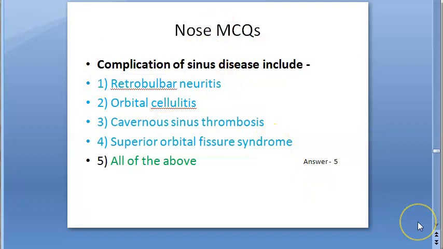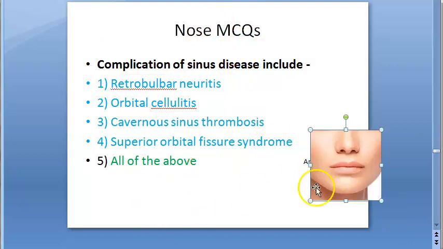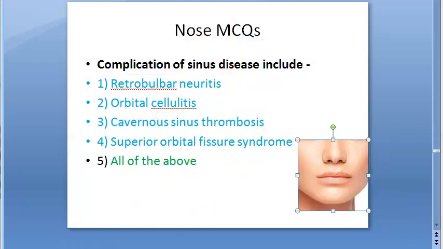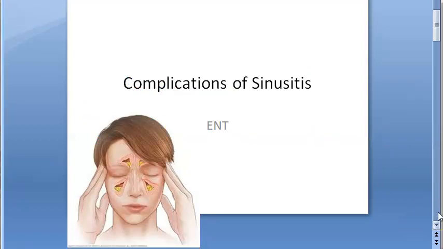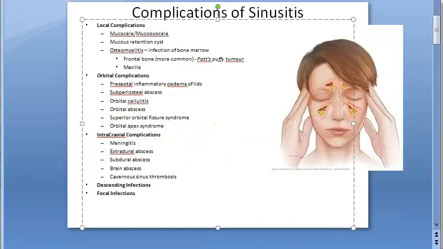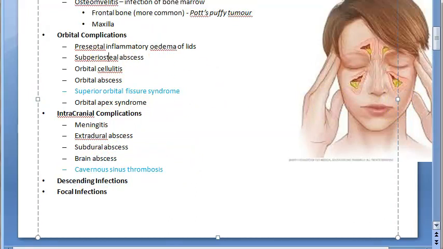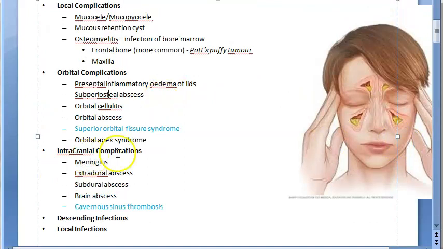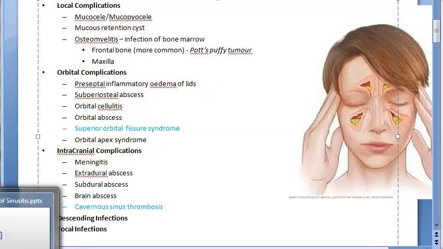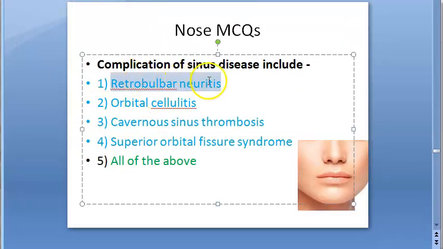Retrobulbar neuritis. So the answer is 5, all of the above, with 5 options. Wow. Again, going back to complications of sinusitis in our video slides, there you can see orbital, superior orbital fissure syndrome, cavernous sinus thrombosis. There was something retro, right? That is not written here. What are the 2 things we are not having here? Retrobulbar neuritis.